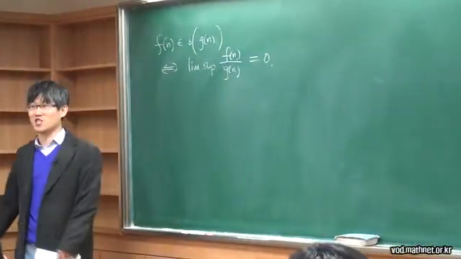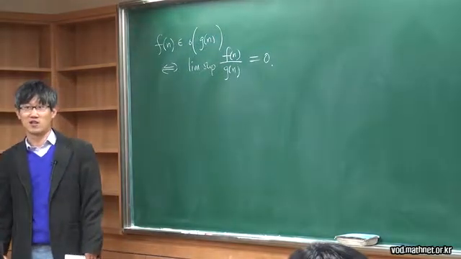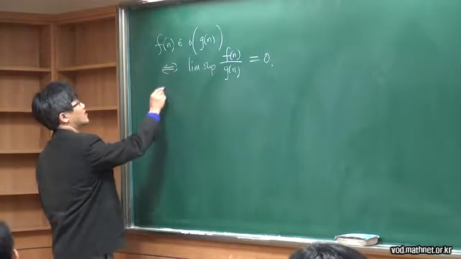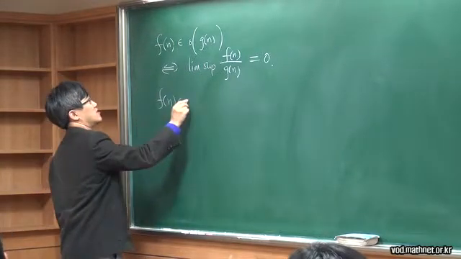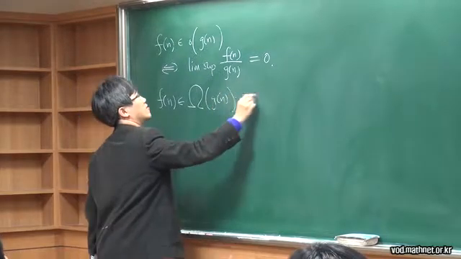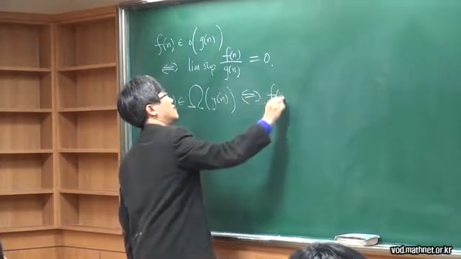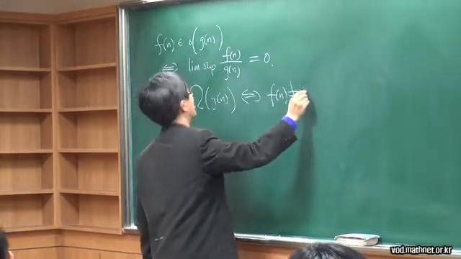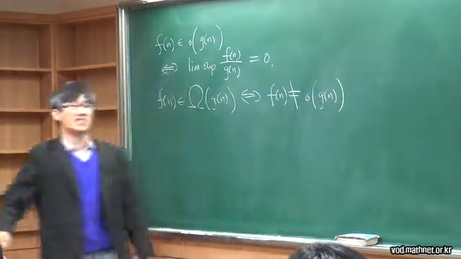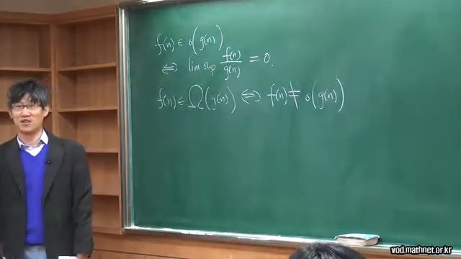So g of n is asymptotically strictly greater. And f of n is in omega of g of n if f of n is not in small o of g of n. In other words, f of n is not strictly smaller than g.